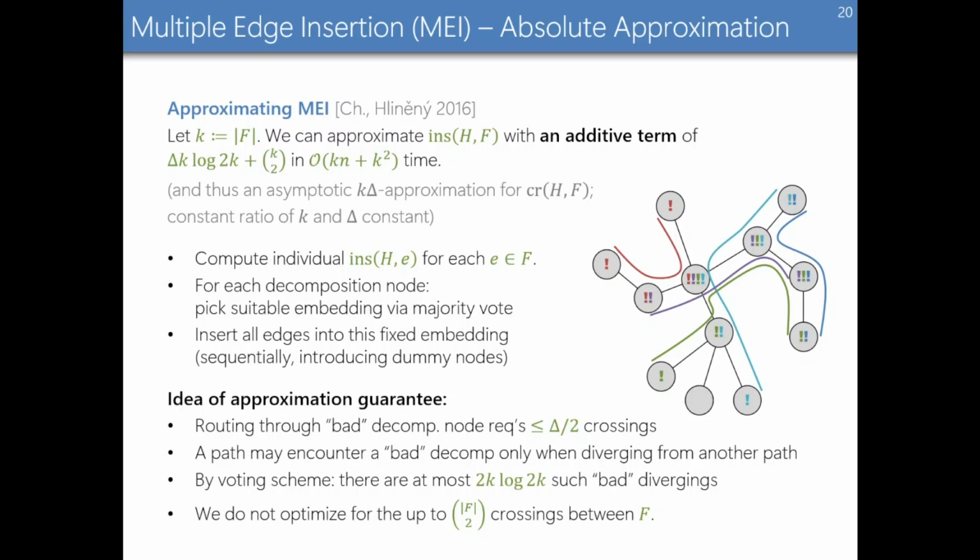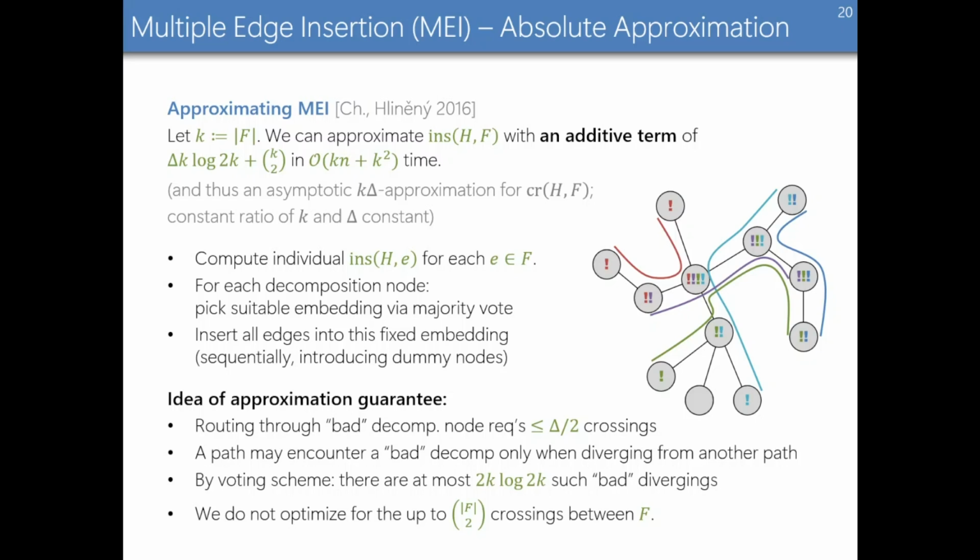And what the proof then does, it shows that if I have an edge that goes through some partial embedding, which is not just as I wanted it, but some other vote one, and I still have to traverse this decomposition node, I will need an additional number of crossings. But it will only require something like delta many additional crossings, or delta half, actually.